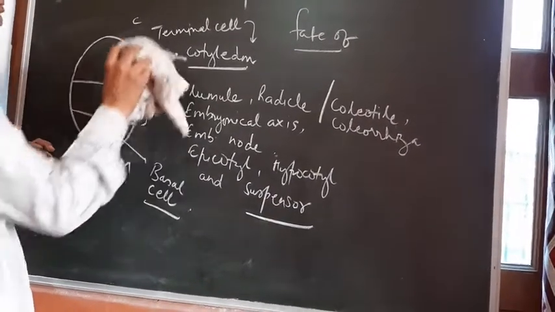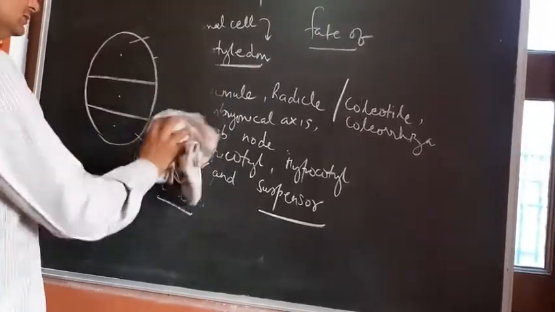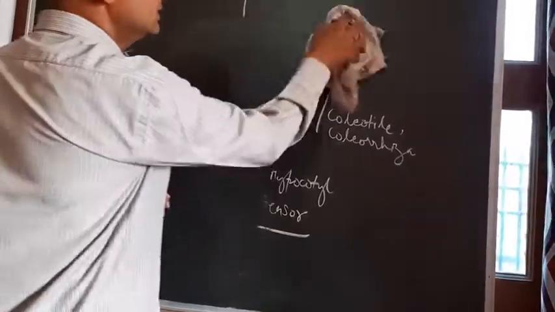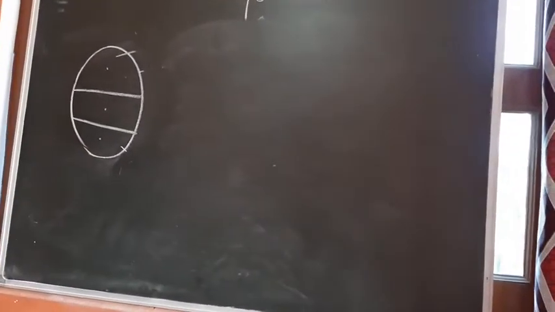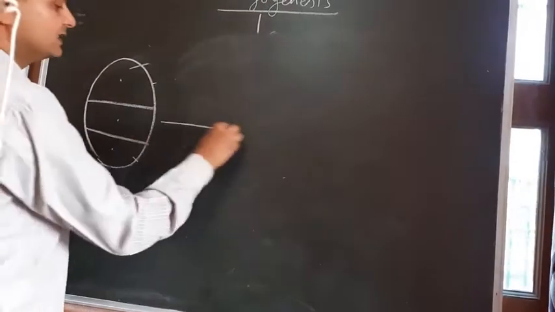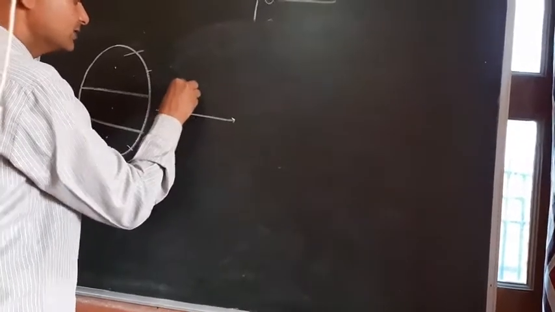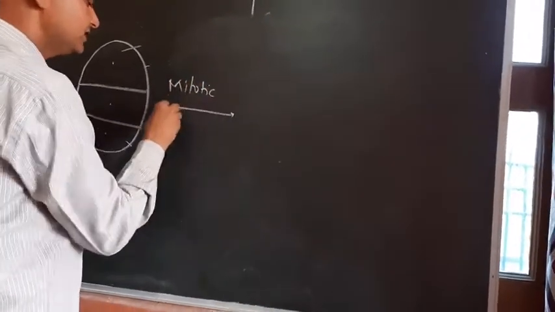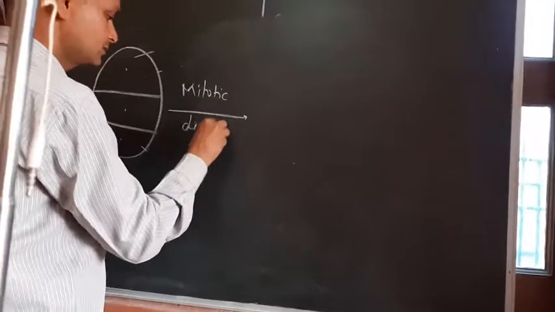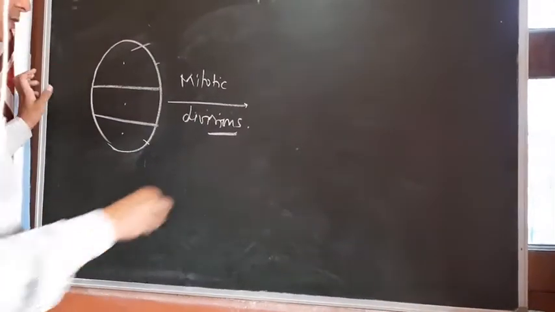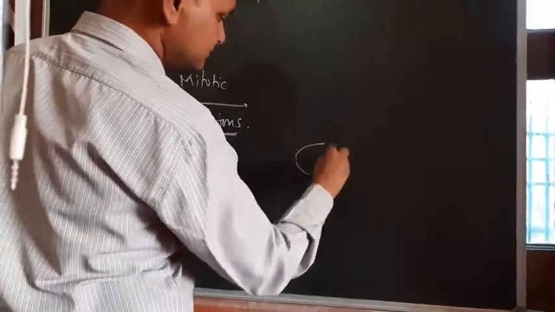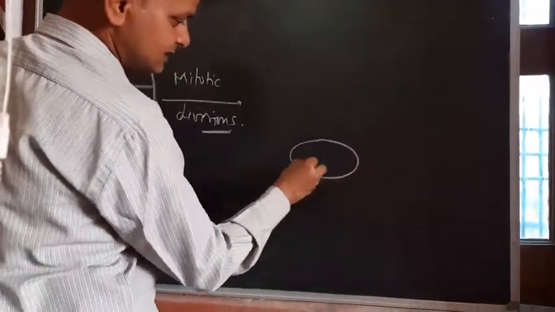So for this purpose I will be rubbing the names here now. Do remember these, what is going to happen in future. Now, when this will divide after the continuous process of mitotic divisions, what actually will happen? The basal will remain basal. So, I have drawn basal in this way now.